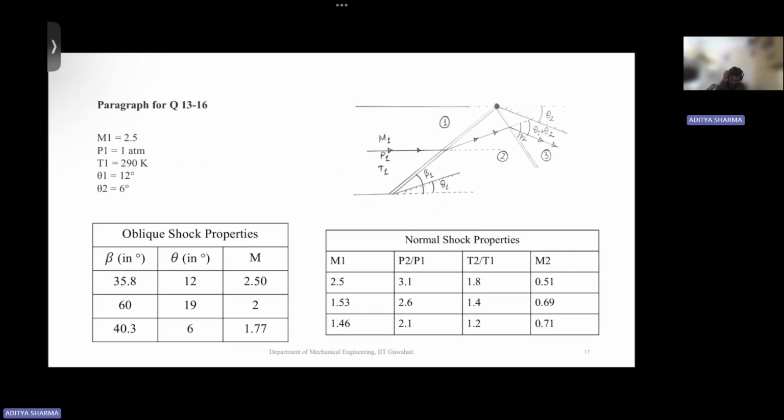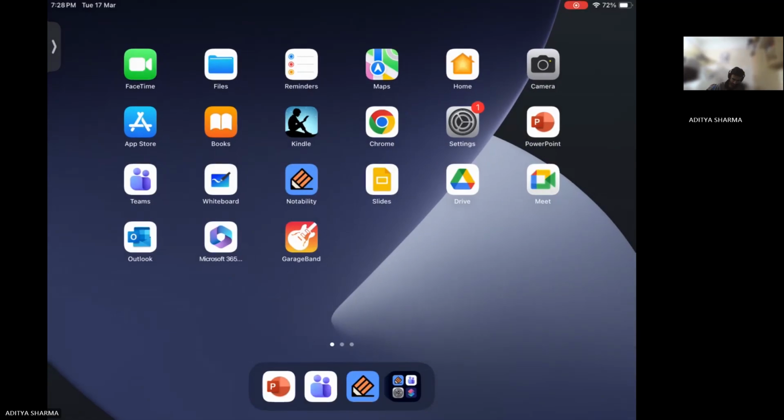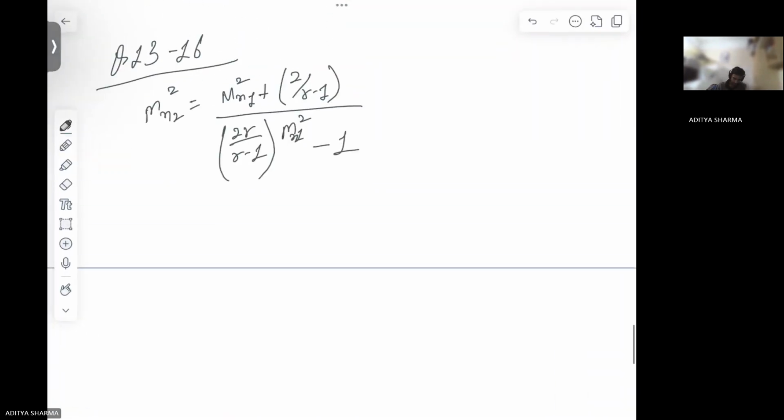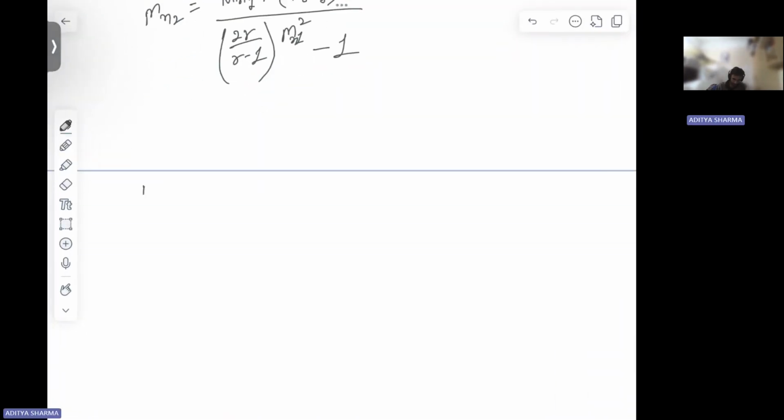The diagram has been given first of all. So your diagram is like this.